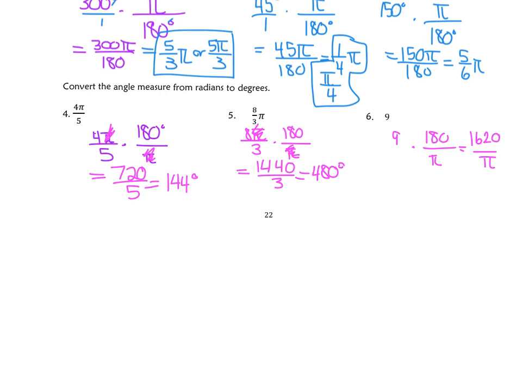I press 1620 divided by pi, which is your second exponent, like the caret button, but it's up there. So when I press that, I get the approximation of the degrees. It's 515.66 degrees. So many times, and actually all the time, when you start off with a number of radians that has no pi in it, your answer will be a decimal, because you are going to have to press pi, which is a decimal that goes on forever.